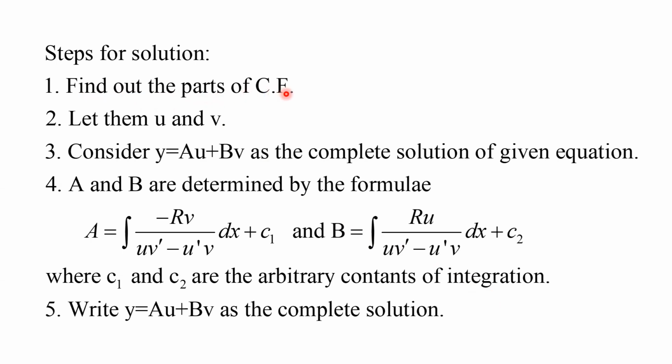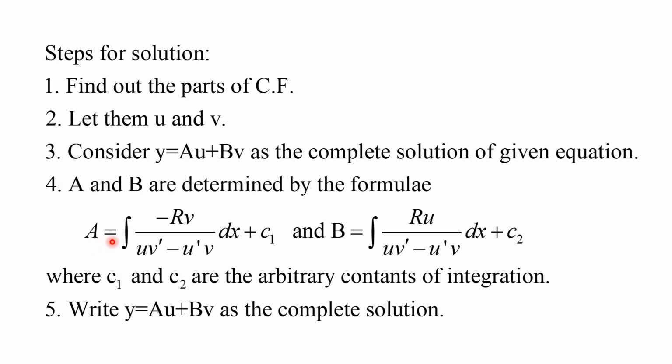So first part as u and second part as v we consider. Now in third step we have to consider the complete solution of the given equation as y is equals to au plus bv.